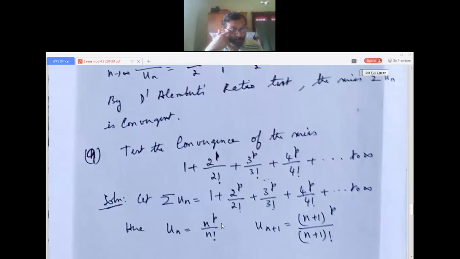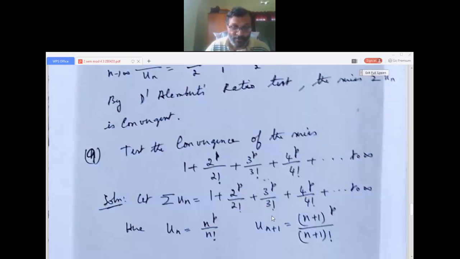This is the question. Let sigma un be the given series: 1 plus 2 power p by 2 factorial plus 3 power p by 3 factorial plus 4 power p by 4 factorial to infinity.